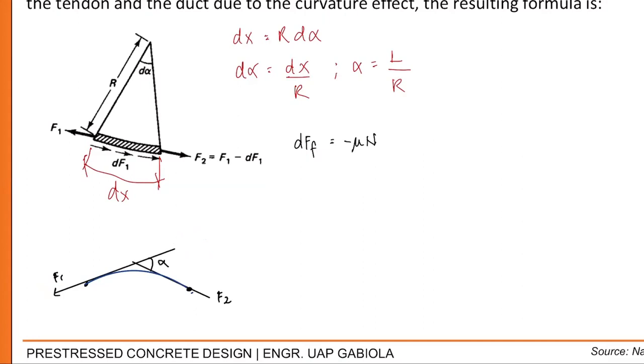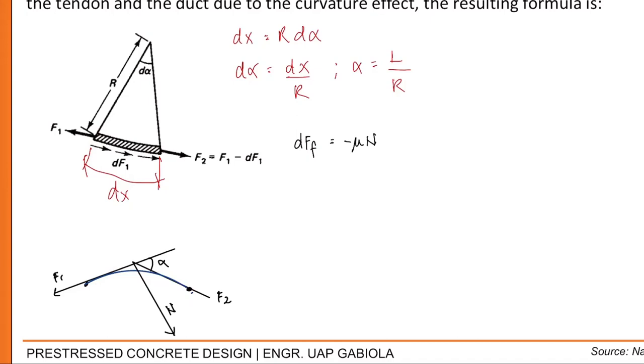Okay? And si normal force is perpendicular dun sa ating frictional force, no? So, assume natin na ito yung ating normal force. Okay? Ayan. Yan si normal force natin. Itong curvature na to, ito yung strip ng ating tendon, no? Ito yan. Okay? So, nirotate ko lang yung representation niya.